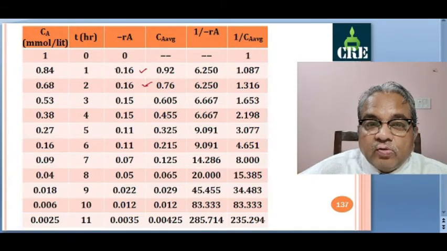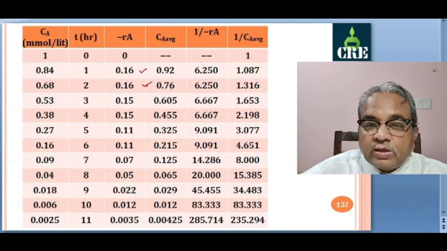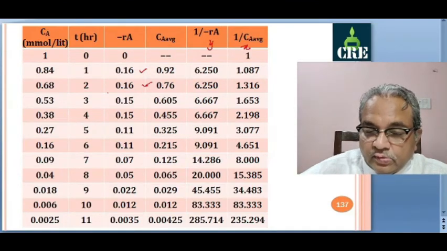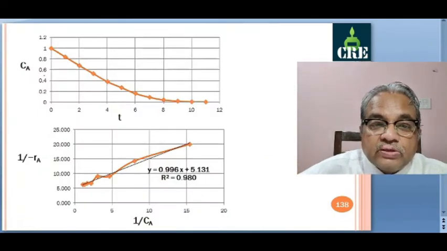So we have these many minus Ra versus Ca. Okay, so minus Ra1 Ca1, minus Ra2 Ca2, and so on, so many values. So what we want is 1 upon minus Ra, this is on y axis, and 1 upon Ca average on x axis.